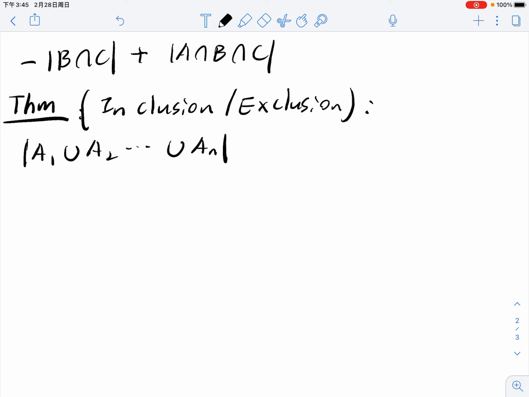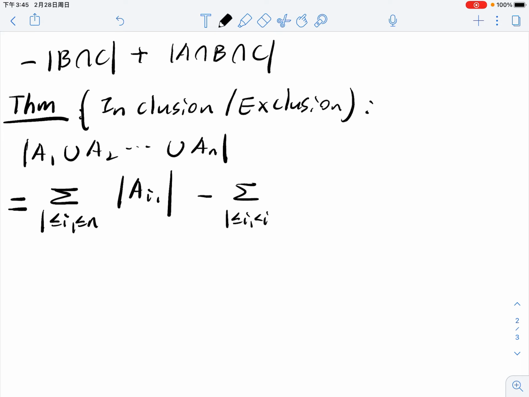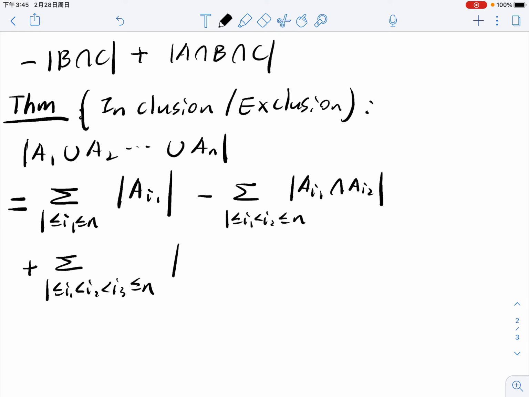Okay, and then you can guess the cardinality of the union equals the summation of cardinality of all sets from 1 to n, minus the cardinality of all pairs of two sets and their intersection, and then you plus all triples I1, I2, I3, and compute the summation of cardinality of A_I1 intersection A_I2 intersection A_I3, and so on.